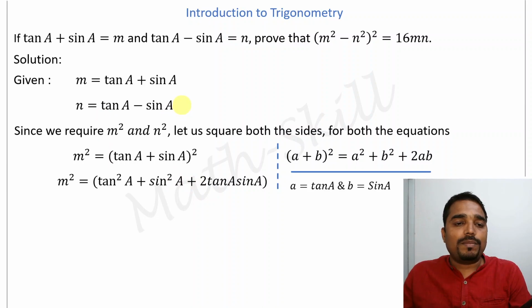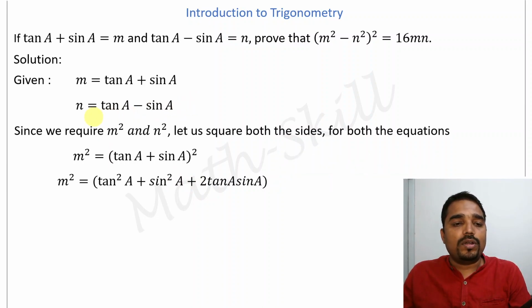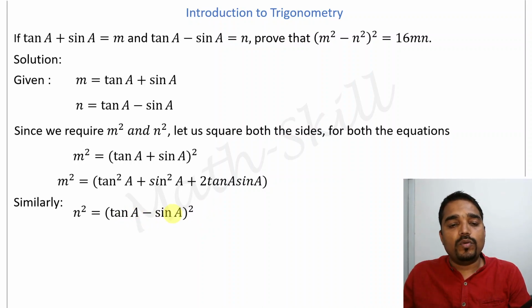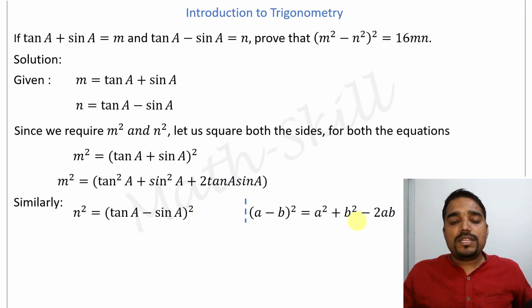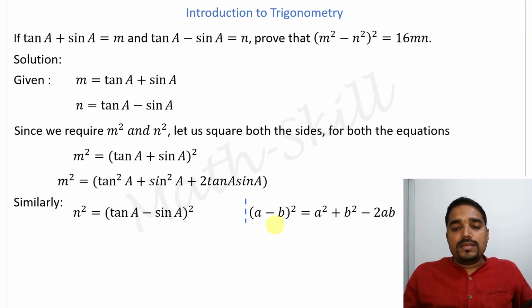Similarly, let's apply the formula for n, that is n square is equal to (tan a minus sin a) whole square. This looks like (a minus b) whole square. We know that (a minus b) whole square is equal to a square plus b square minus 2ab. So here, wherever there is a, we have tan a, and wherever there is b, we have sin a.